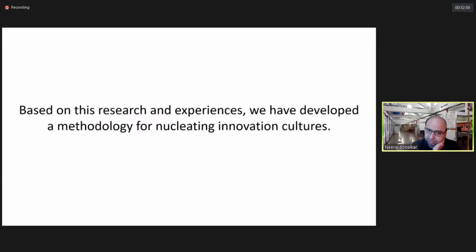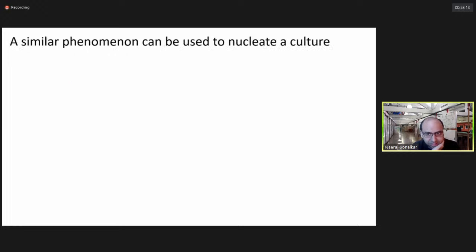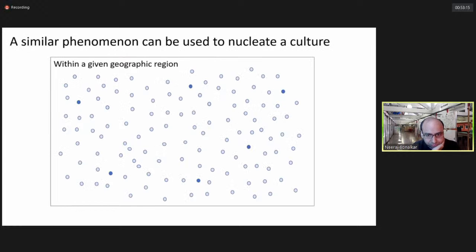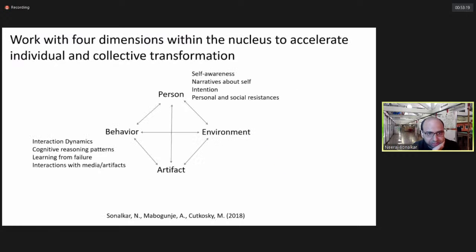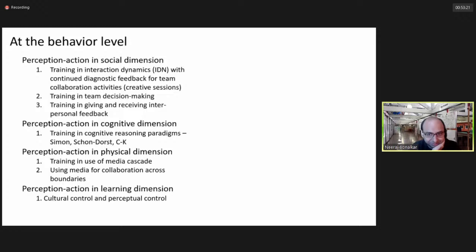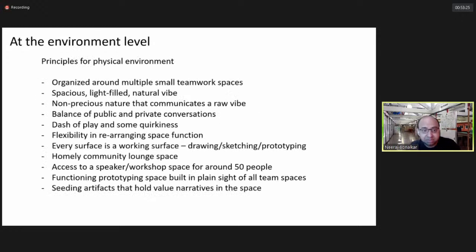Based on this research and the models that we have shared, we have developed a methodology, which I'll talk about, for nucleating innovation cultures. I'll skip a few slides, which are a bit technical in nature, and go more to the direct part I want to share with you, which is the storytelling. So you get a sense of the application first.